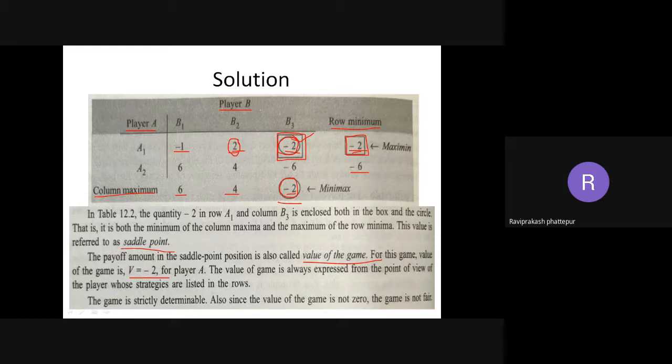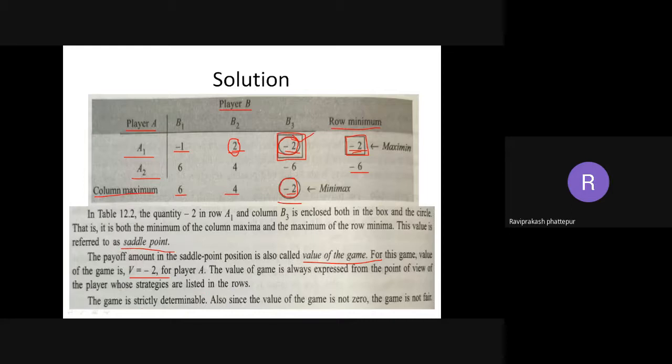The value of the game is always expressed from the point of view of the player whose strategies are listed in the rows.